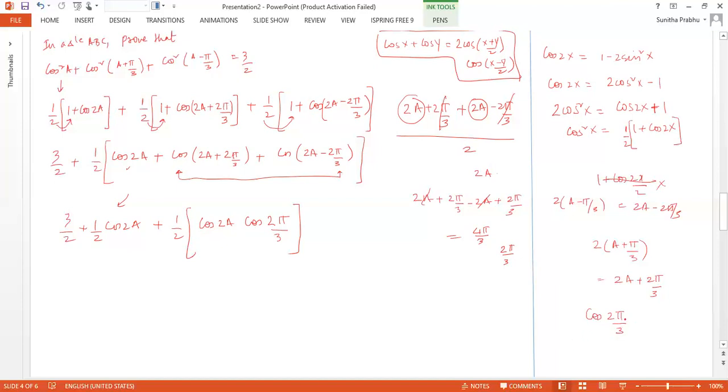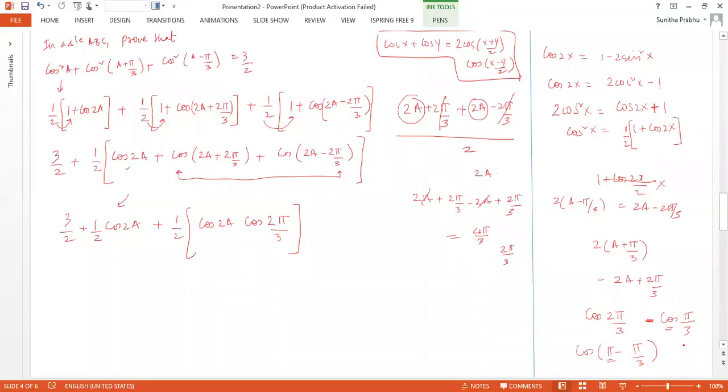Instead of saying cos 120, 90 plus 30, it is cos of pi minus pi by 3. 180 minus, you will not get sine, please be careful.